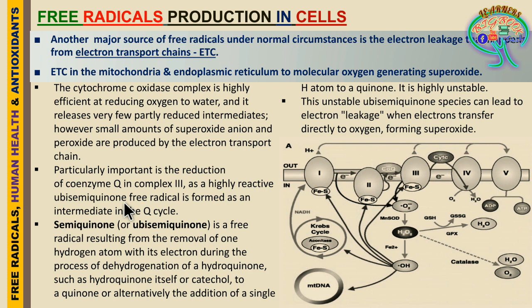UB semiquinone free radical is formed as an intermediate in the Q cycle.